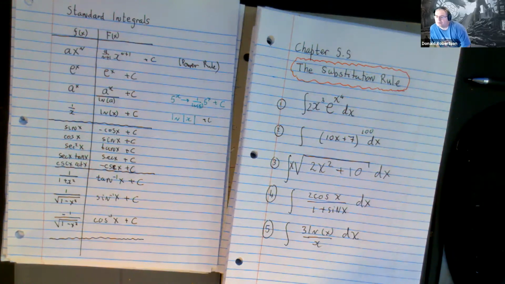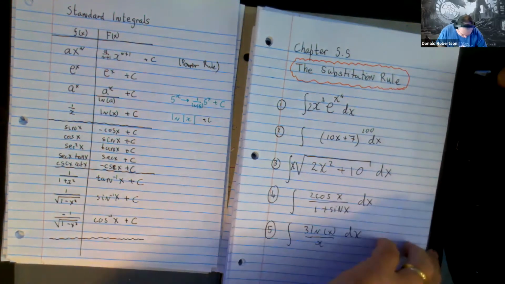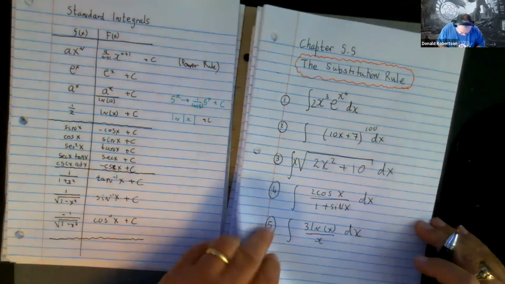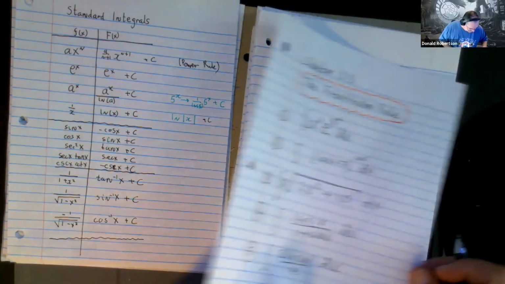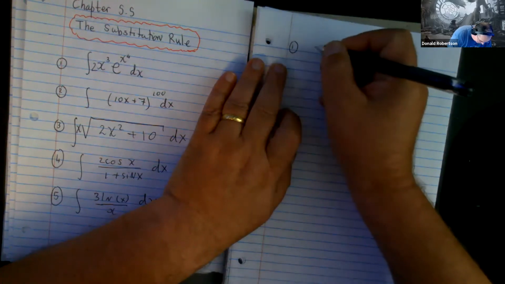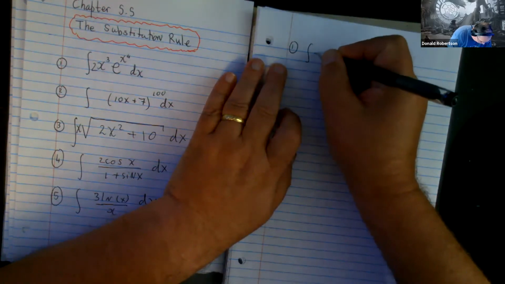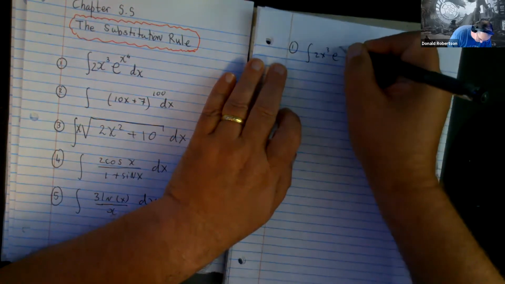Things that you wouldn't even imagine it was possible to do, you will be able to do using this technique. So the substitution rule is not a formula, although you can look online and actually find a formula for it. The problem is that nobody uses it because the formula really doesn't make sense.